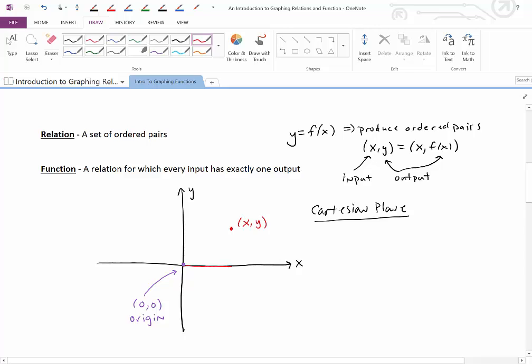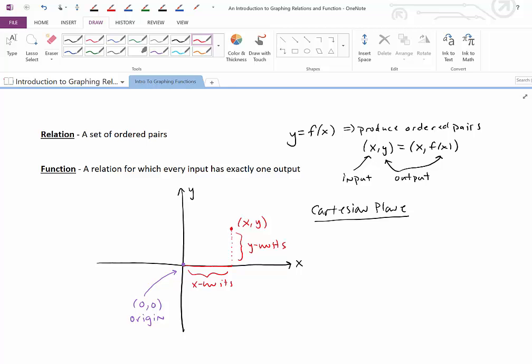So we're going to move right x units, and then from there we move up y units, producing the ordered pair x comma y. So that's how we plot points. Depending on what x and y are, we could be at different locations in the plane.